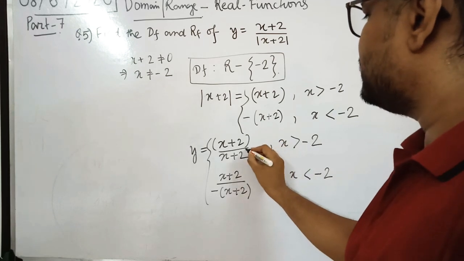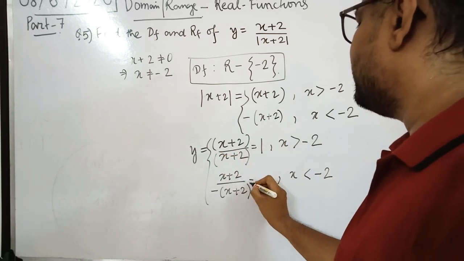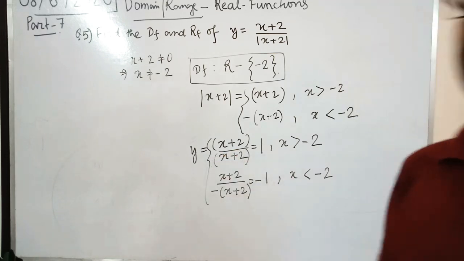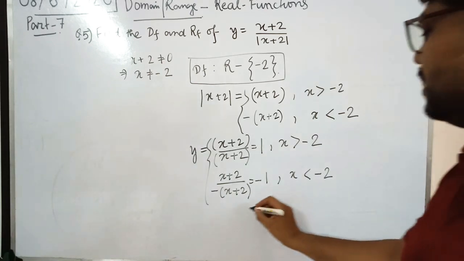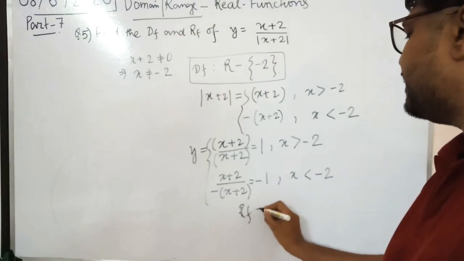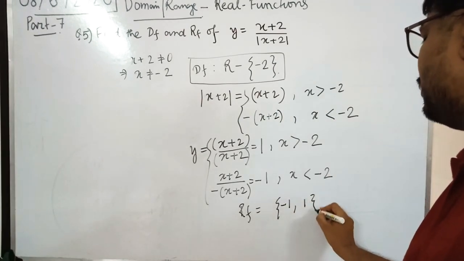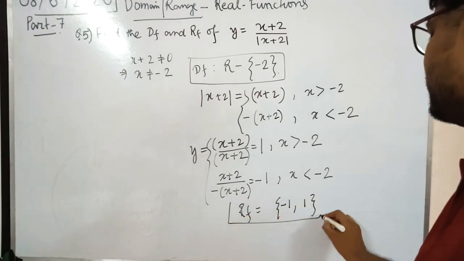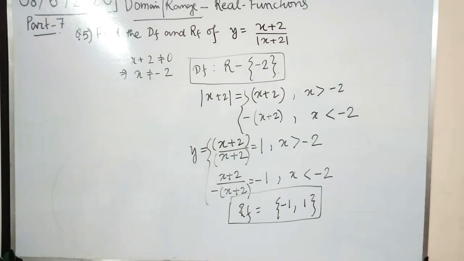So you can see this value becomes 1, it cancels out, and this value becomes minus 1. So y typically has only two values, whatever value you put for x. So here we get the RF as only minus 1 and 1. This will be the range for the real value function.